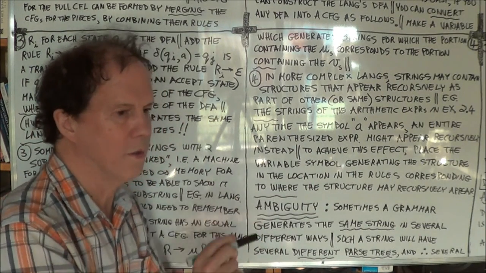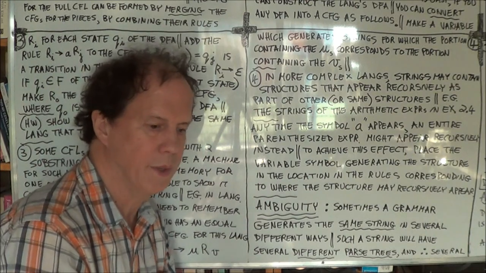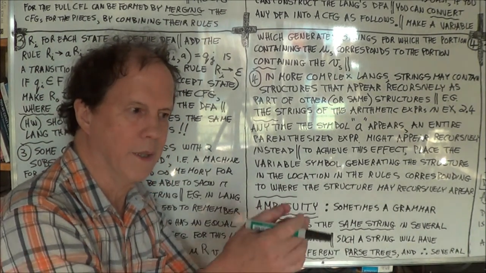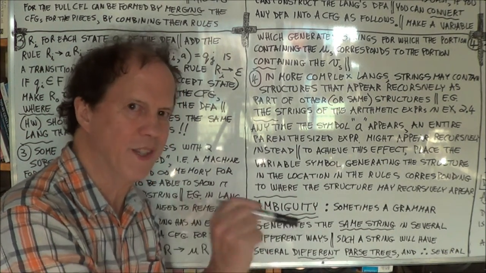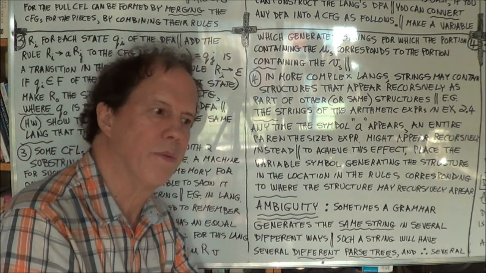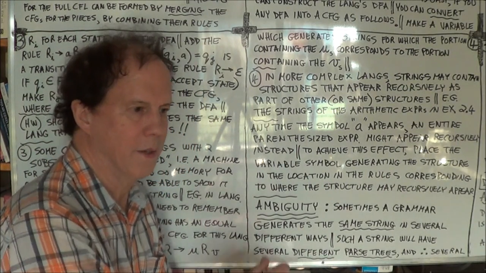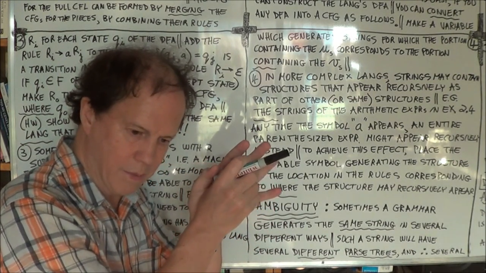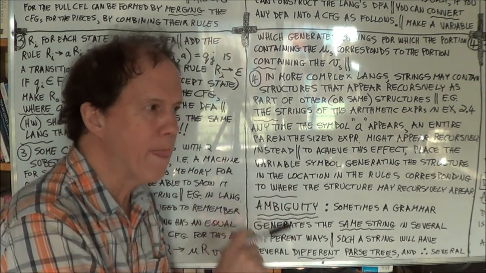The choice of the position of those variables in the rules is such that the recursion will expand, grow out of the initial position of where you put that variable in the first place, the variable that has a recursive component to it.